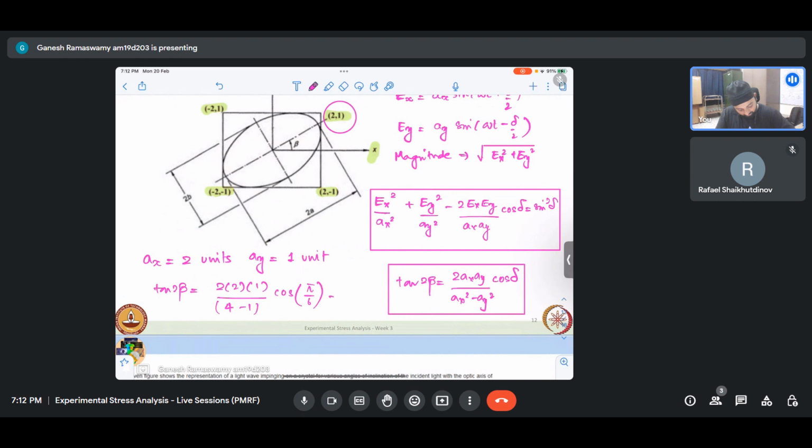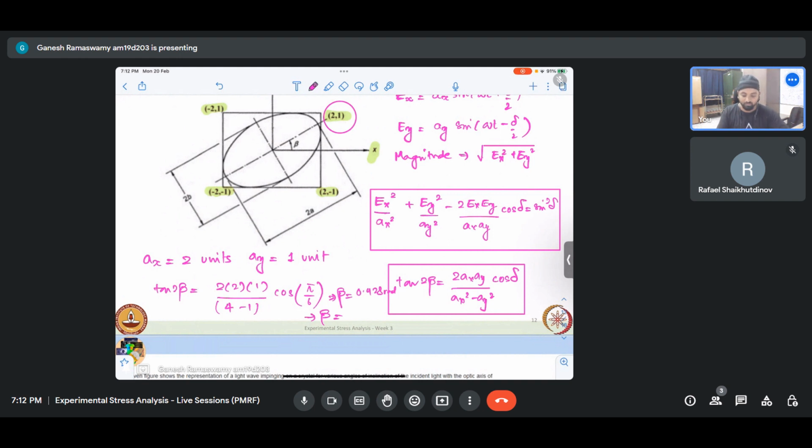So beta, if we see, cos pi by 6 is root 3 by 2. It will come to 0.428 radians, which is, of course, the principal value I'm saying because tan is multi-valued.